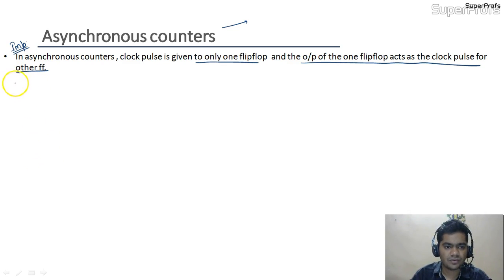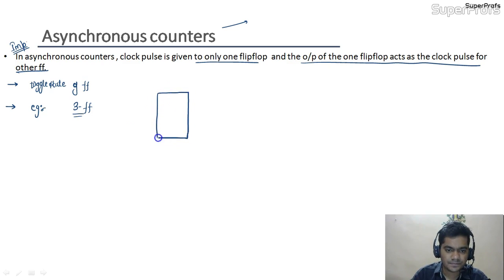So in this we are going to use the toggle state of the flip-flops, because using the toggle state we are able to count different clock pulses. So let us take an example. Instead of taking two flip-flops, because the answer would be very small, we take an example using 3 flip-flops. Okay, so suppose we have 3 flip-flops like this.